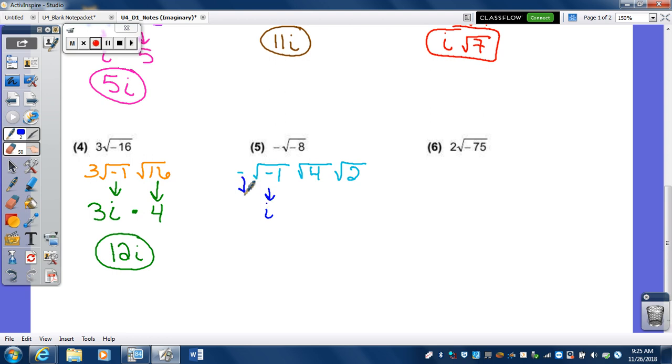I'm going to bring down this negative sign in front of it, so it's actually negative i. The square root of 4 gives me a 2. The other 2 is not a perfect square, so it's going to stay in the radical. So then anything not in the radical sign we can multiply. And again, it's just like if you were multiplying by an x, it would just become negative 2i radical 2. If you can't truly multiply them together, you can just write them next to each other.